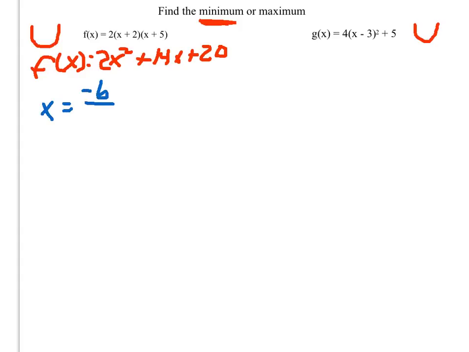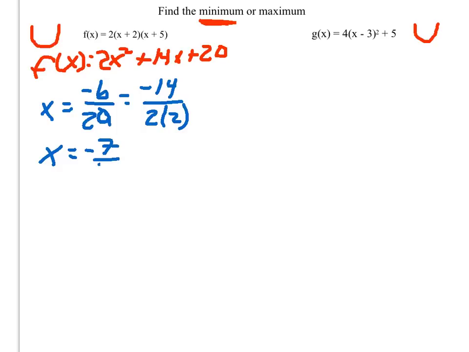And if you remember, negative b over 2a. So we can plug those values in. So we have negative 14 over 2 times a. So the x-coordinate of our vertex will wind up being negative 7 over 2, or negative 3.5.